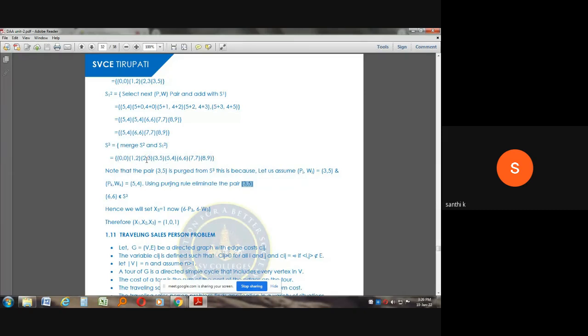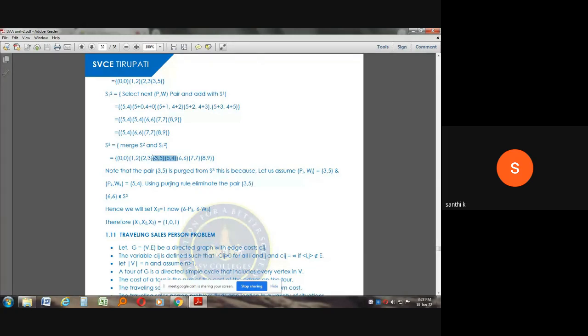Taking two ordered pairs as (Pj, Wj) and (Pk, Wk), if Pj is less than or equal to Pk and Wj is greater than or equal to Wk, we have to remove (Pj, Wj). So for these two ordered pairs (3, 5) and (5, 4), that condition is satisfied. So we have to remove (3, 5).